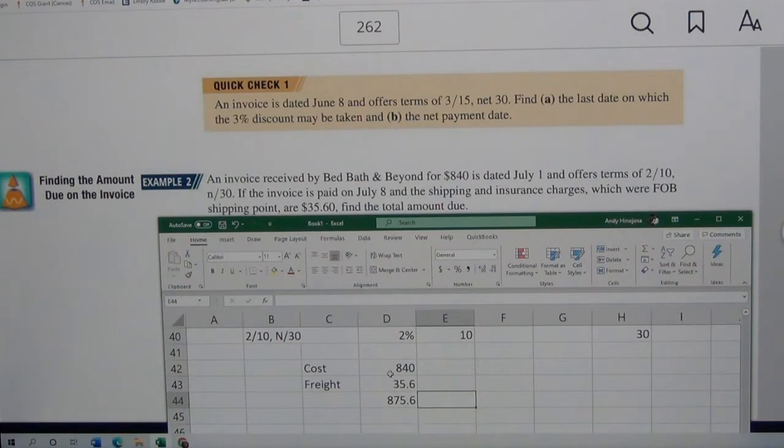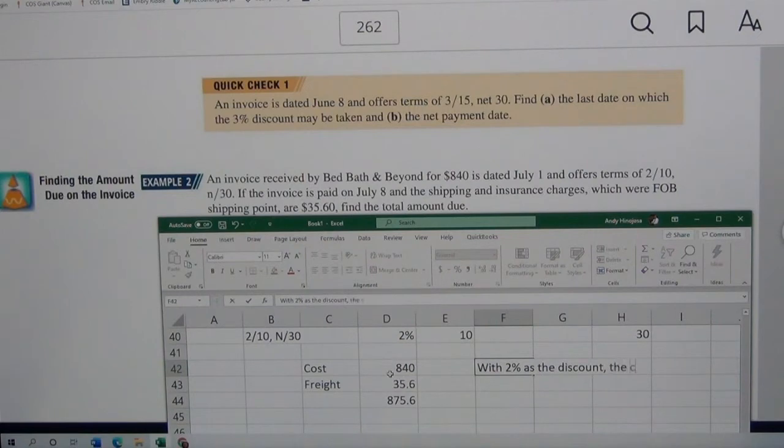You've got to figure out what the discount is, but remember what I told you: the discount isn't on the freight. It's only on the cost of the goods, or whatever you're actually buying. So the first thing we need to do is figure out what the discount is. It's 2%. With 2% as the discount, we can use the complement to make our life easier.